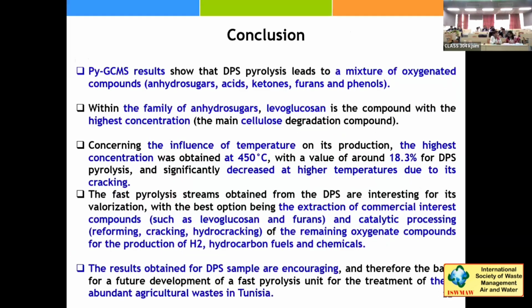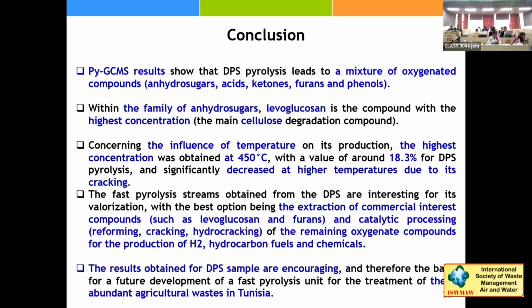To sum up now, the results show that our date palm seeds pyrolysis leads to a mixture of oxygenated compounds, the anhydrous sugars, acids, ketones, furans, and phenols. Within the family of anhydrous sugars, levoglucosan is the compound with the highest concentration.